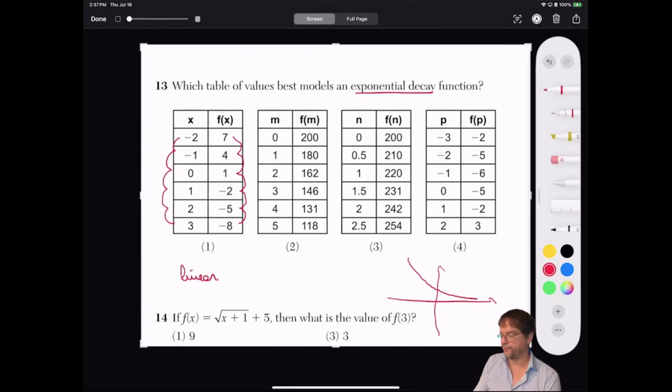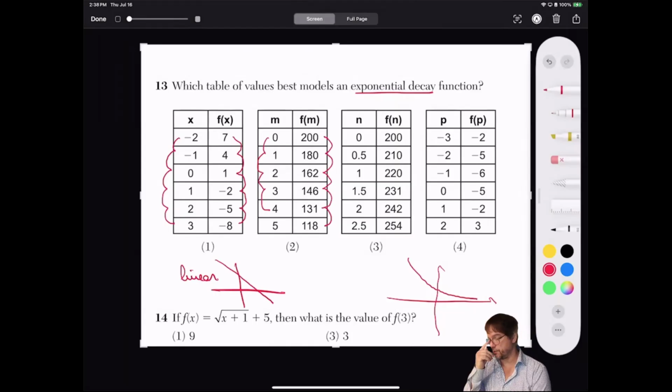The graph is a line, it is not exponential. Is that okay? In the next one, x grows 1 and here it decays. But I'm not sure if it's exponential.